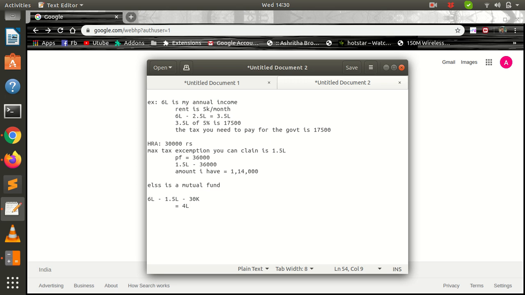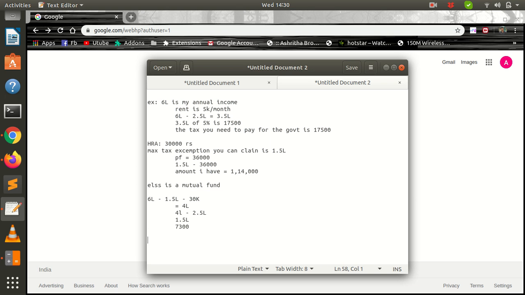Out of 4 lakhs, I can exempt 2.5 lakh, which leaves exactly 1.5 lakh. For 1.5 lakh, it comes under the second slab, where I need to pay 5% of 1.5 lakhs, which is exactly 7,300 rupees.